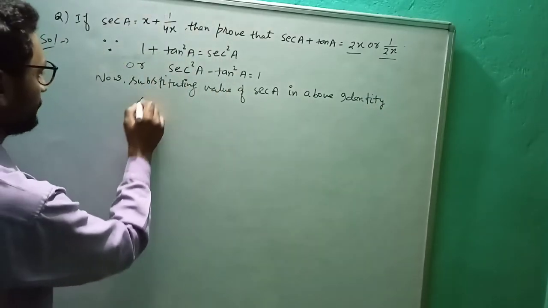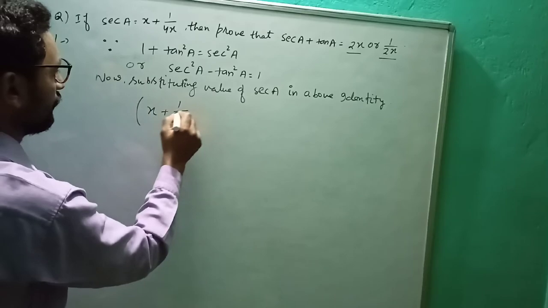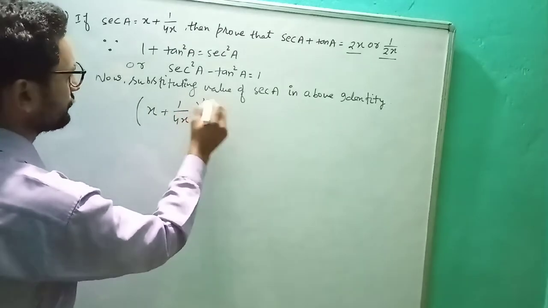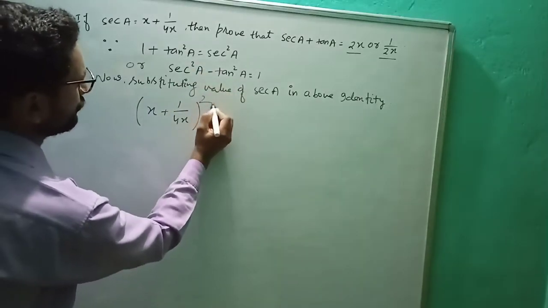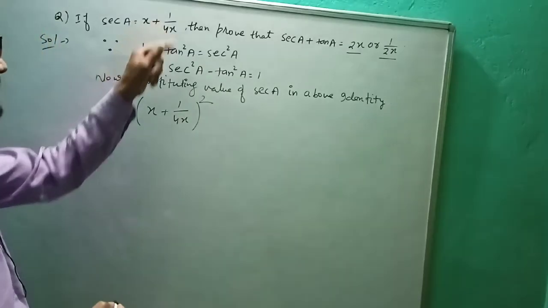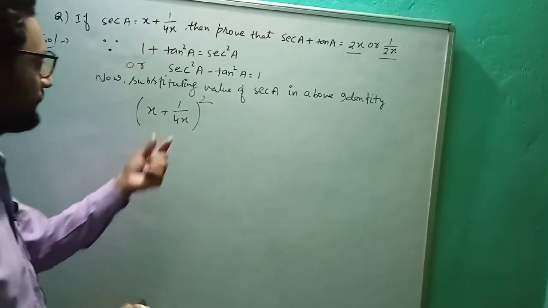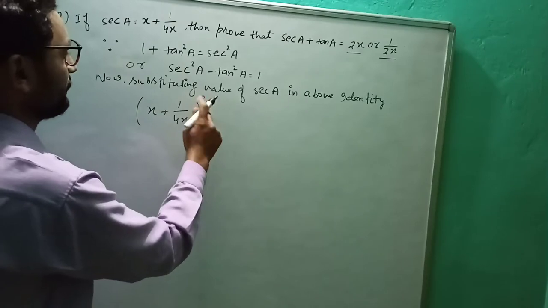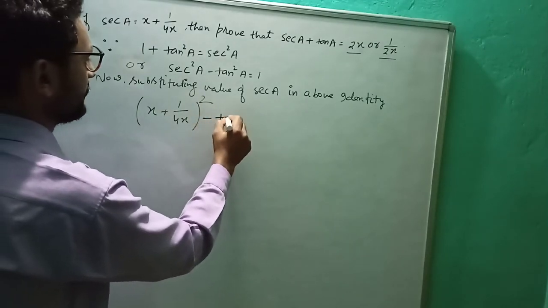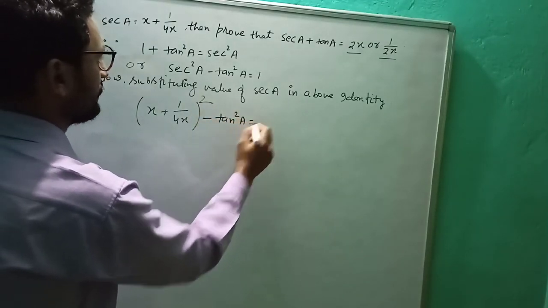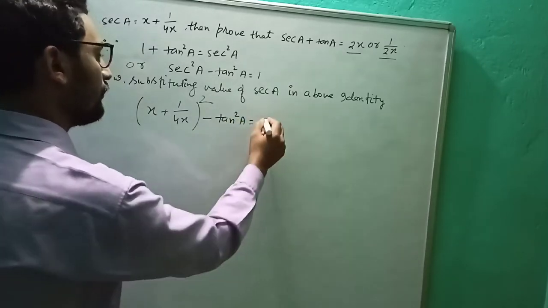So what do we get? We get x plus 1 upon 4x, whole square, because there is a square, sec square A. So the value of sec A is x plus 1 upon 4x. Basically this will become the complete square minus tan square A equals 1.